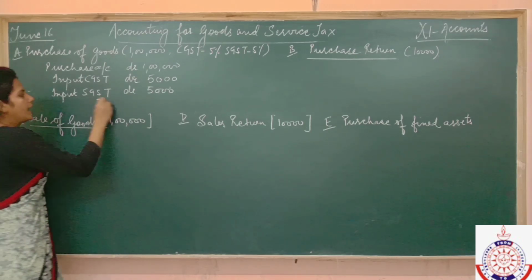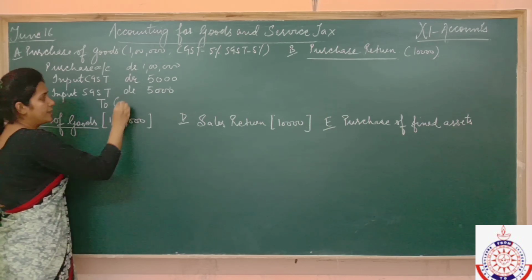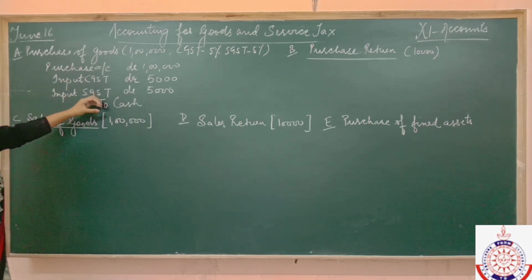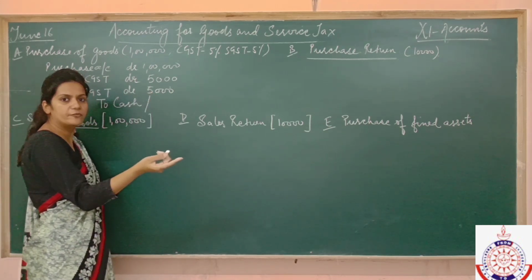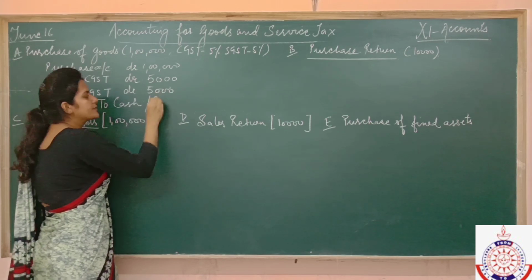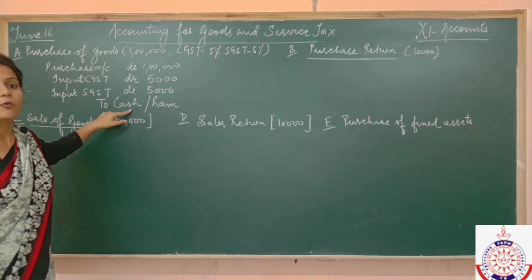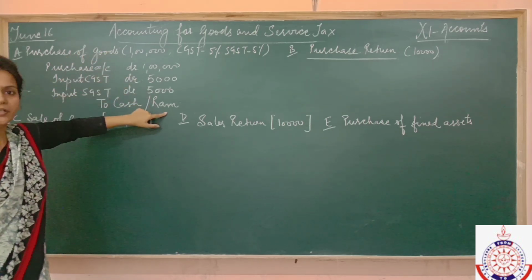Now suppose I have purchased the goods by cash, then I use the word cash here. Suppose I have purchased these goods on credit, then I will write the name of the person from whom I have purchased. Let's say that person is Ram, so I will write the name of Ram. It will be given in the question whether the purchase is a cash purchase or a credit purchase.